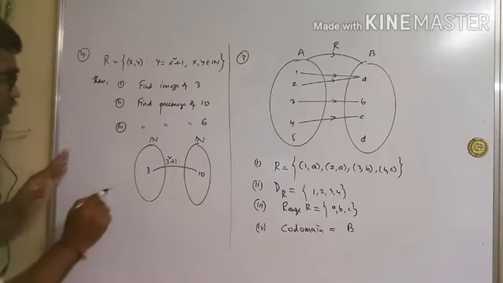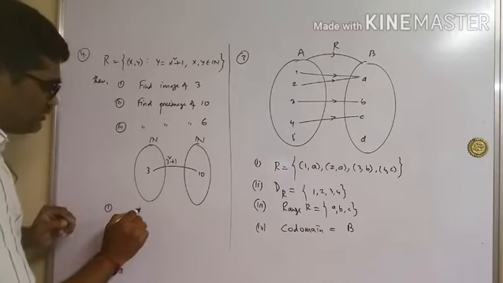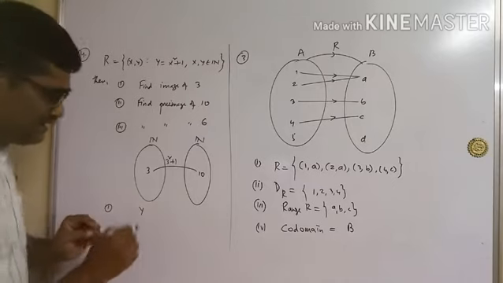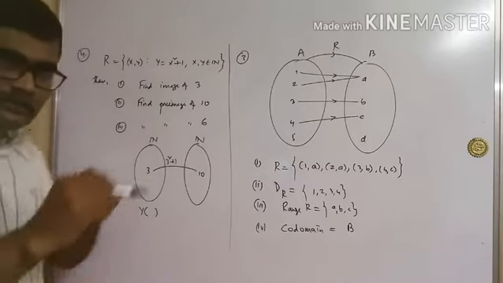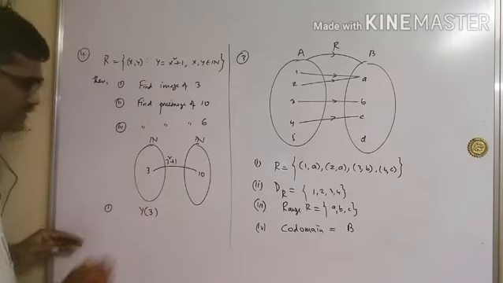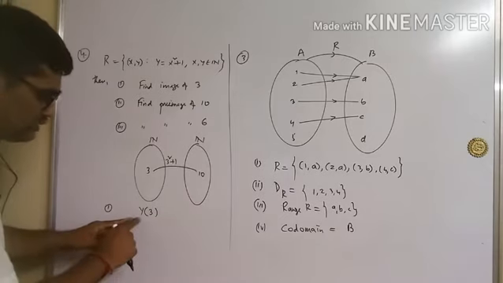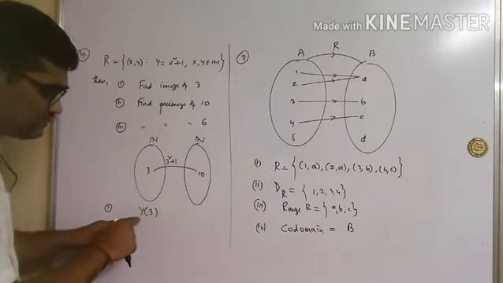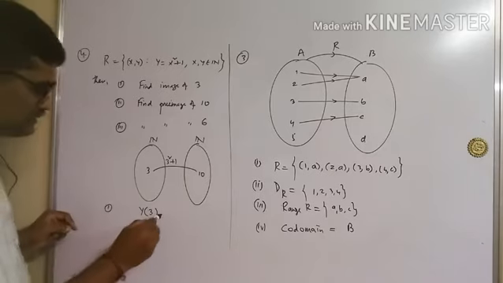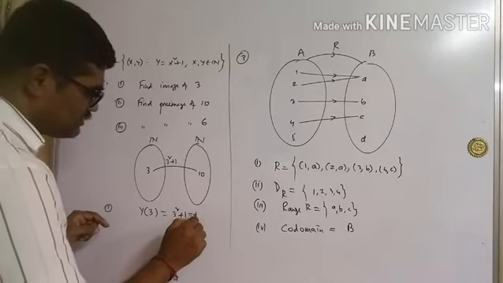So how do we find it? Directly we will write it like this. See, y. We have a symbol, of course, that I did not mention. Now I am mentioning. Try to know that. If I write 3 here, it means I am talking about the image of 3. That is to be found by 3 square plus 1, that is equal to 10.